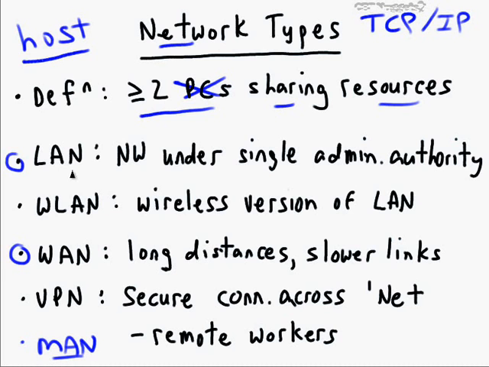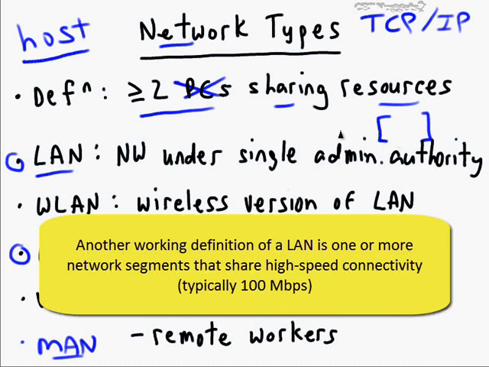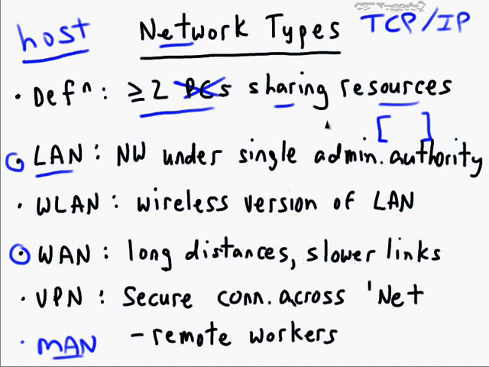We'll recall that the local area network is a network that's under a single administrative authority. Specifically, LANs are defined as being consistent within a single geographic area. Maybe a business that occupies a floor or part of a floor of an office building. The extent of their network is their LAN. Next door, there's another business.